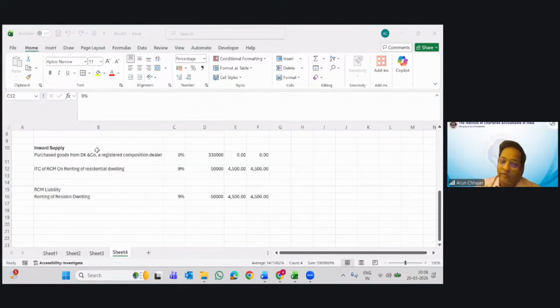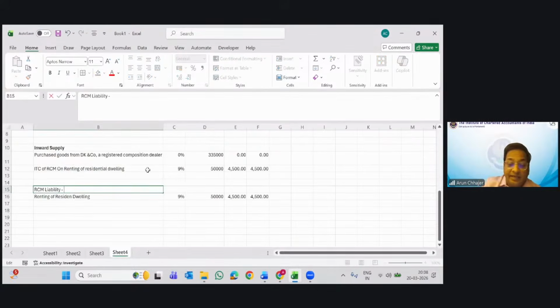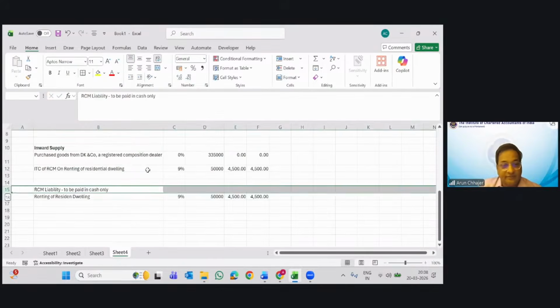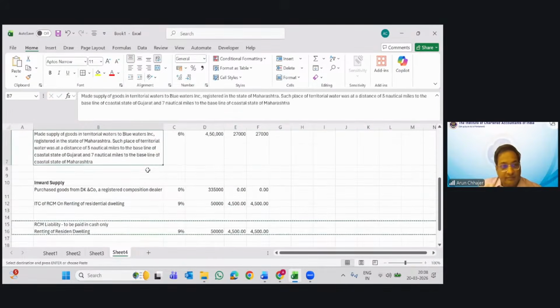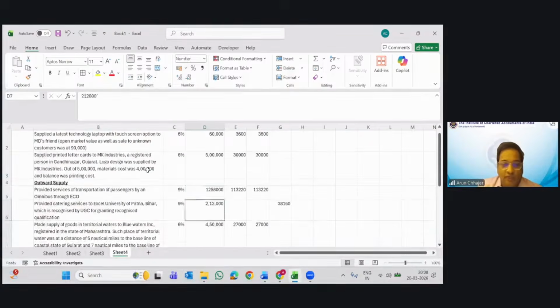Only from the cash ledger. Now this RCM liability, here I'm writing, is to be paid in cash only. Okay. So now we have calculated the total liability.